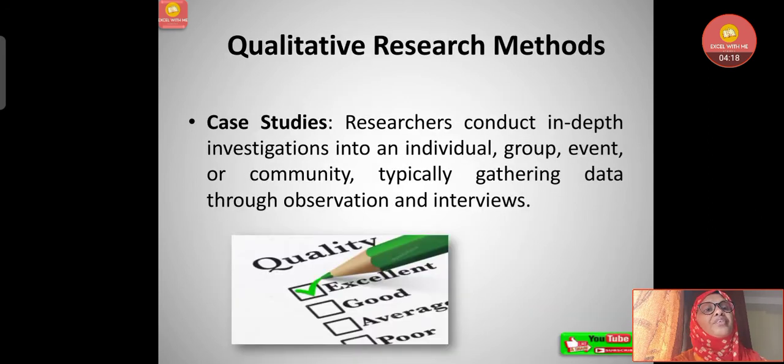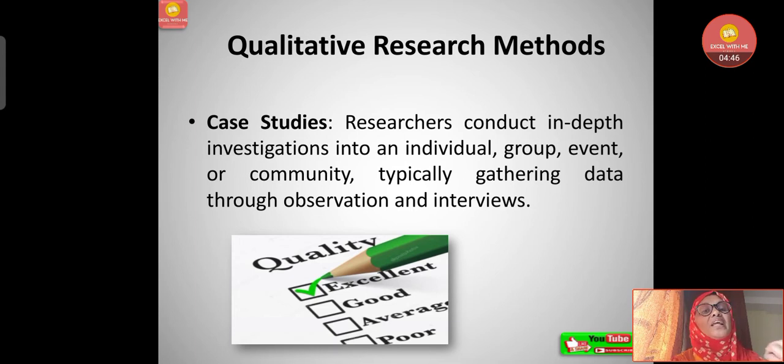Now, what are the different qualitative research methods? Number one, case studies. Researchers can conduct in-depth investigations into an individual, group, event or community, typically gathering data through observation and interviews. So the first example of qualitative research is the case study, studying any case they can take up.